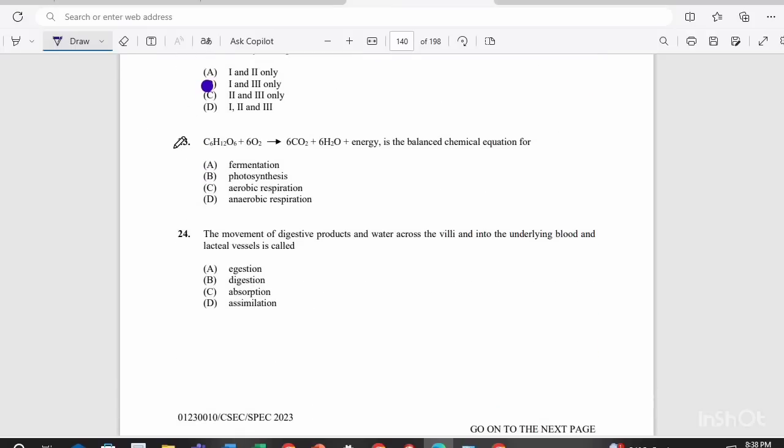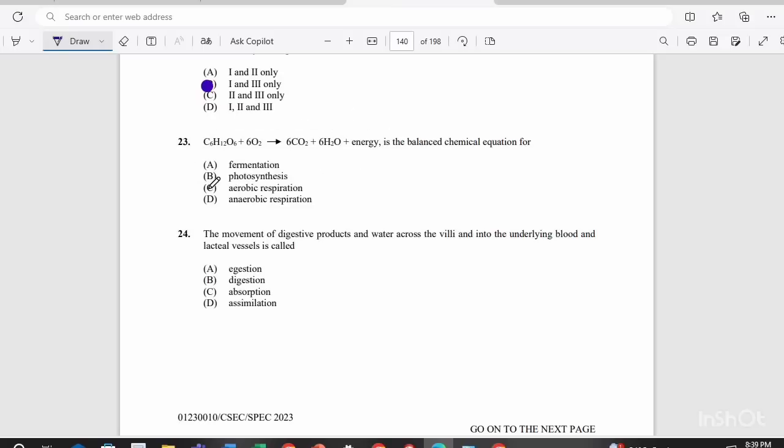Question 23. We have this equation here. Is the balanced chemical equation for? Is it A, fermentation, B, photosynthesis, C, aerobic respiration, or D, anaerobic respiration? Take a look at the equation.